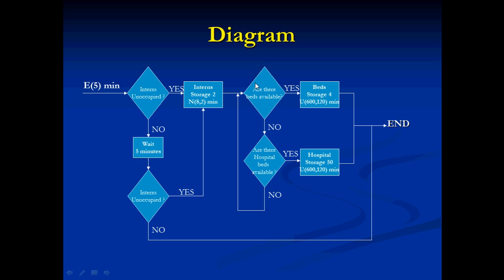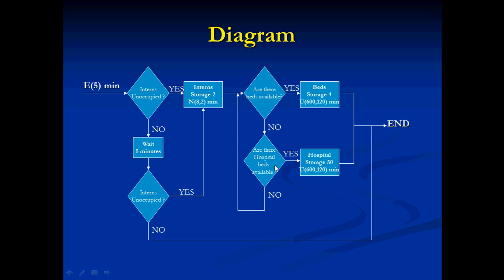If there are no beds available, they go to the main hospital building to look for a bed. If there aren't any bed, they return to the emergency room, and here begins a cycle until one bed is available, either in the emergency room or the main hospital building.